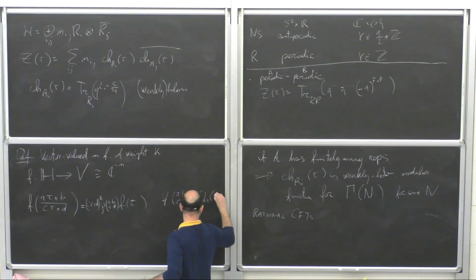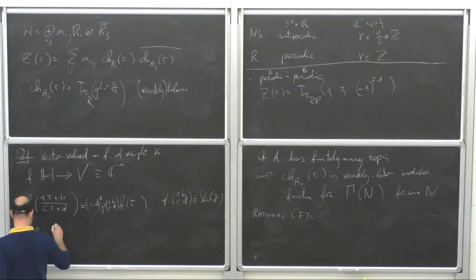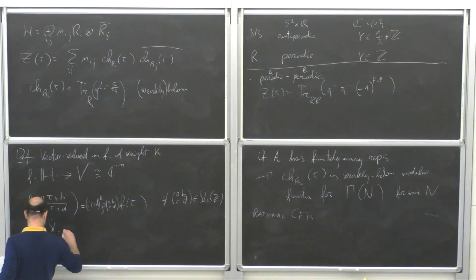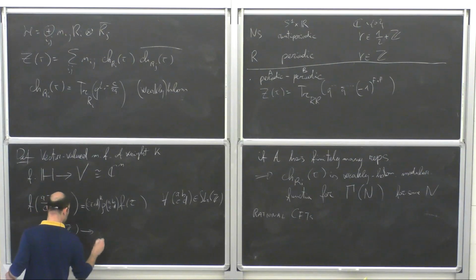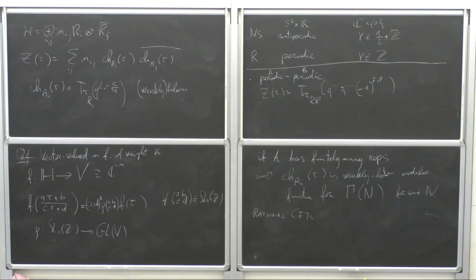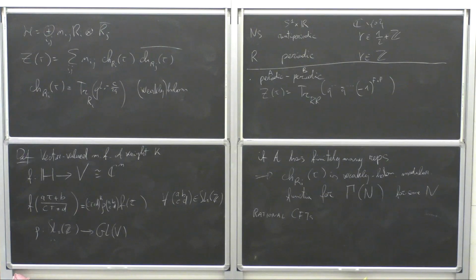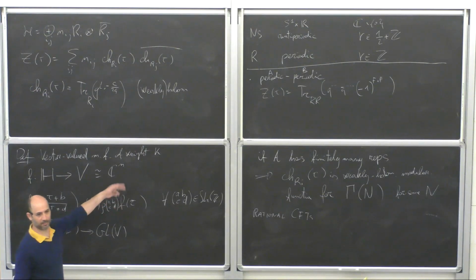So this rho is a homomorphism from SL(2,Z) to the group of linear transformations of your V. So you have some representation of SL(2,Z) on this vector space, and the function transforms in this representation.